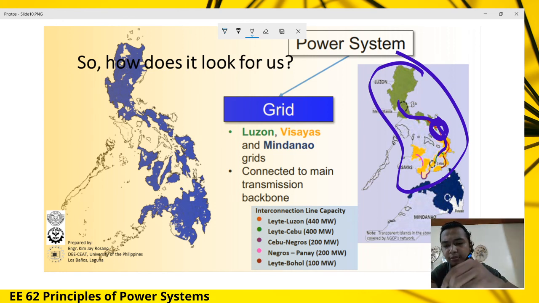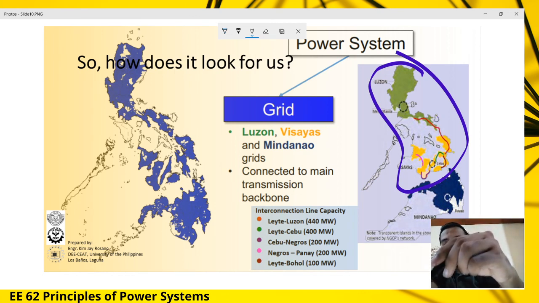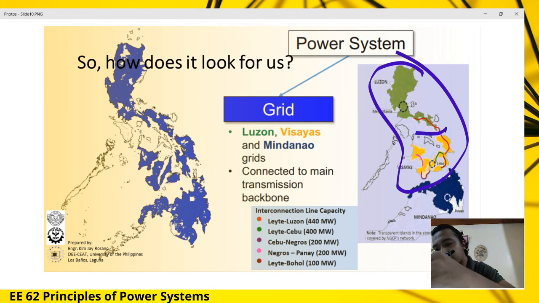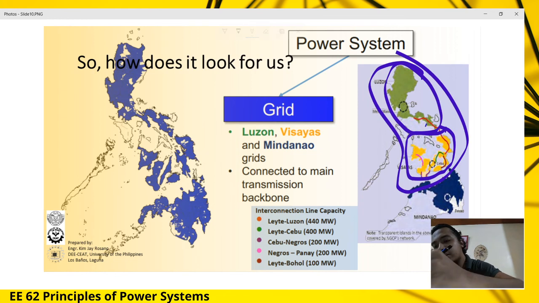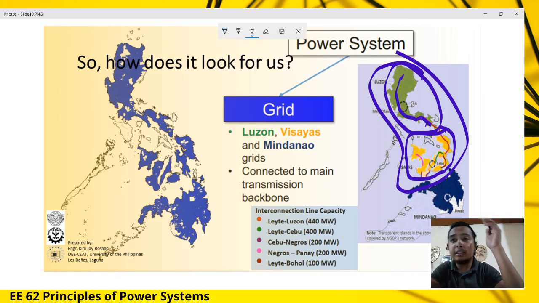This is mainly, most of these are in Visayas kasi as you can see, the thing with this network in Visayas ay island siya, unlike this one in Luzon. This one in Luzon, isa siyang backbone na mahaba.